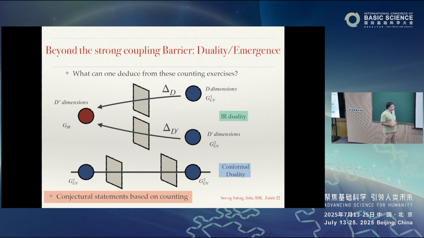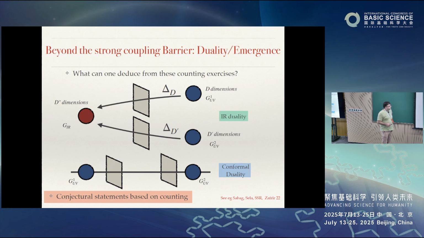For example, you can start from some Lagrangian in 4 dimensions, deform it by some relevant deformation, and flow to a fixed point in 4 dimensions, or you can start, say, from a 6-dimensional CFT and geometrically deform it by placing it on some compact space, so that at low energy you get effectively a 4-dimensional quantum field theory, and you can ask whether this quantum field theory is the same.